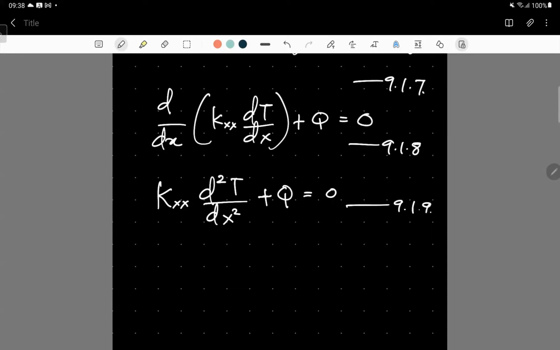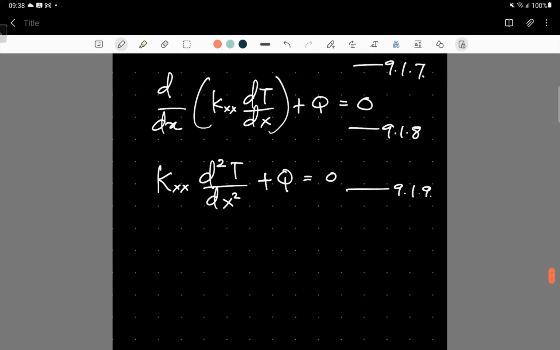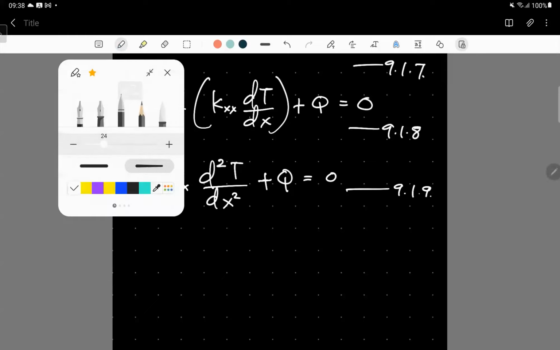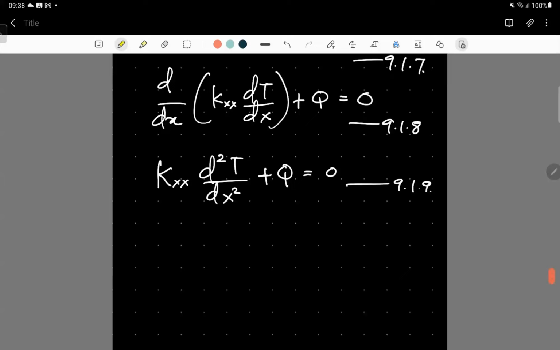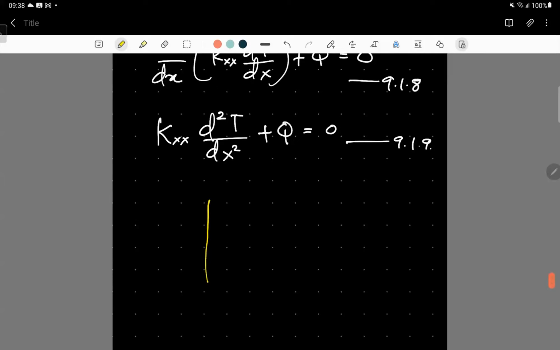If we assume a one-dimensional heat conduction problem, now it's all about applying proper boundary conditions. We can think of an infinitely long slab. The heat conduction takes place in the x direction. We can set boundary conditions at the two surfaces, surface 1 and surface 2.